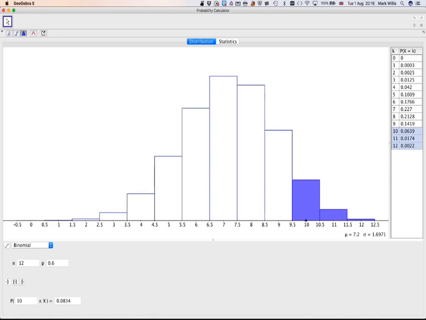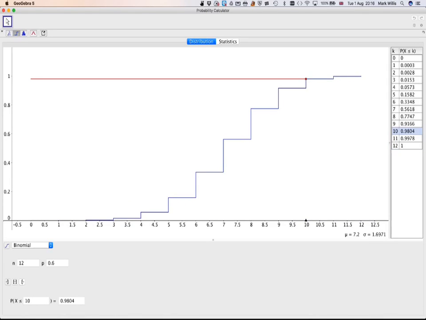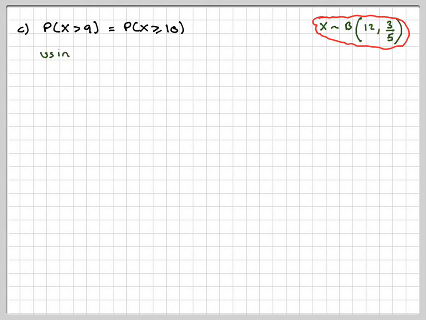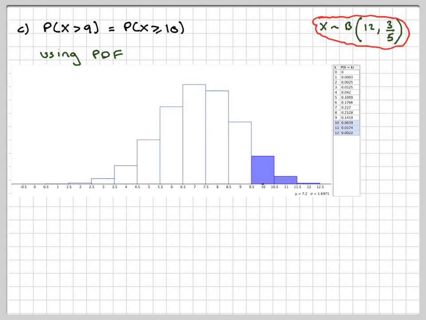You can get the probability table from here, so you need to do 1 minus this one here. So using the PDF, you do that, and you don't need to sum those probabilities.